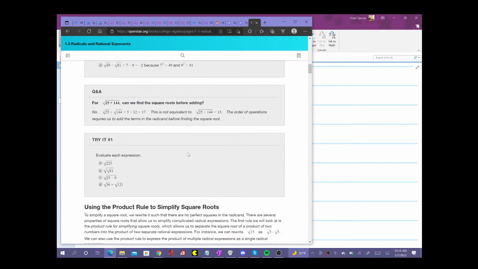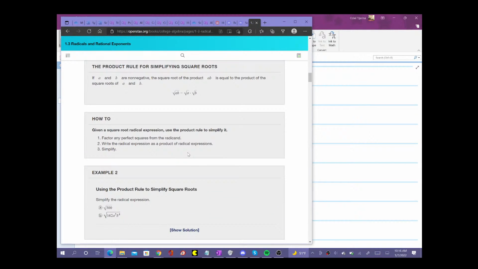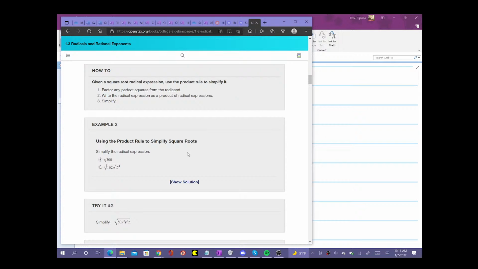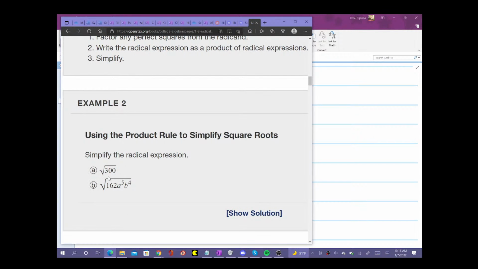Or actually, let's just move on to the next example, because that way we can check our answers and we don't have to do anything else.